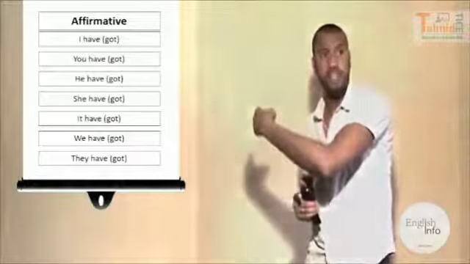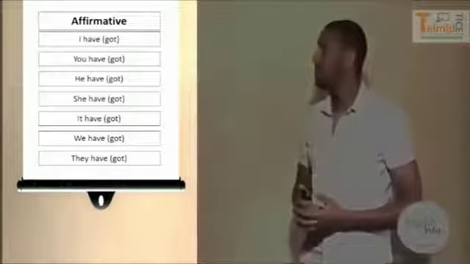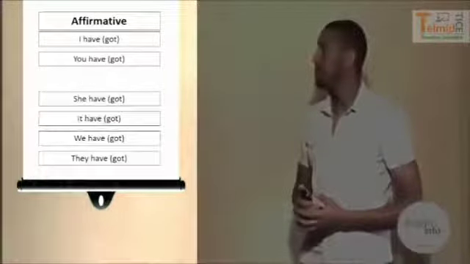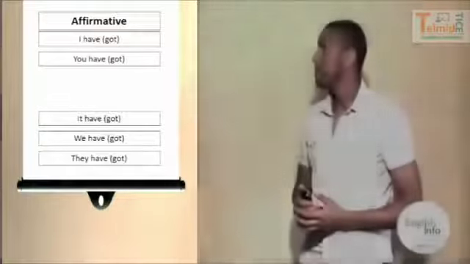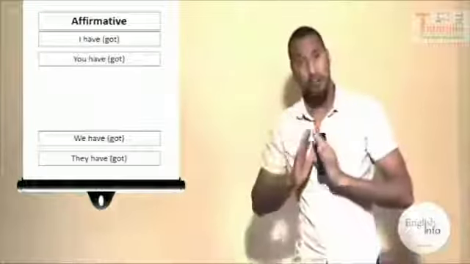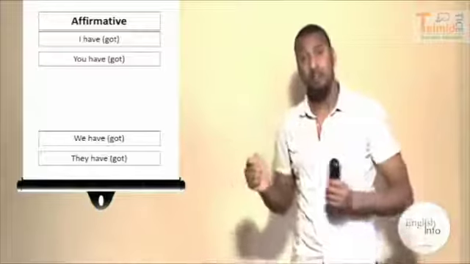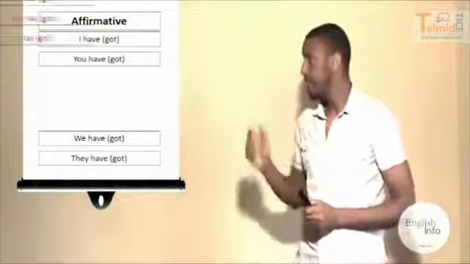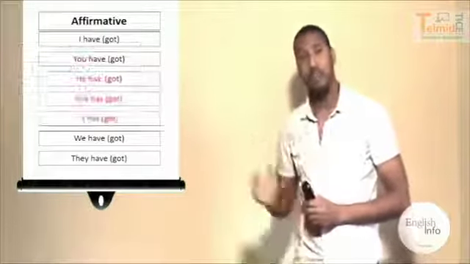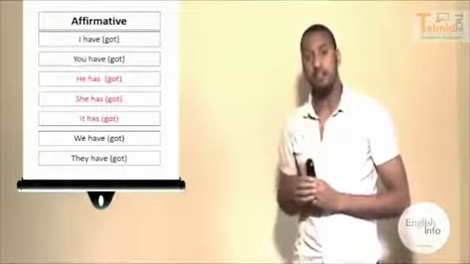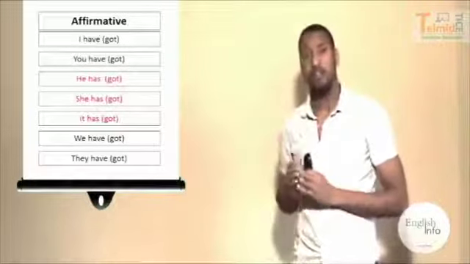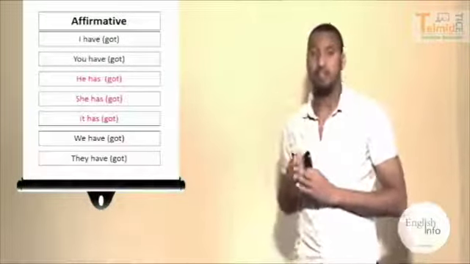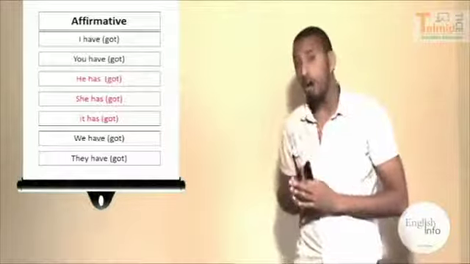Open fire on the mistakes. Okay, now the mistakes are gone. Let's pull the correct forms. Now the correct forms are he has, she has, it has, or it has got.